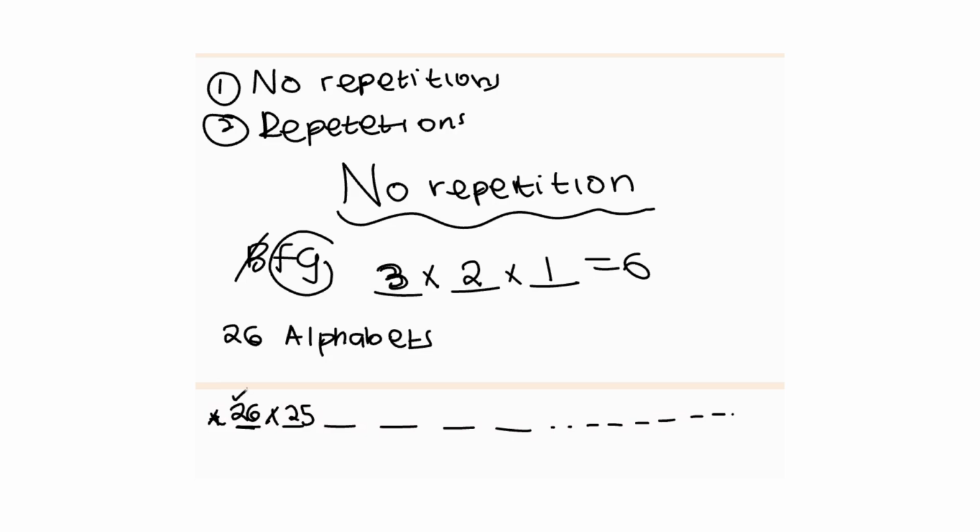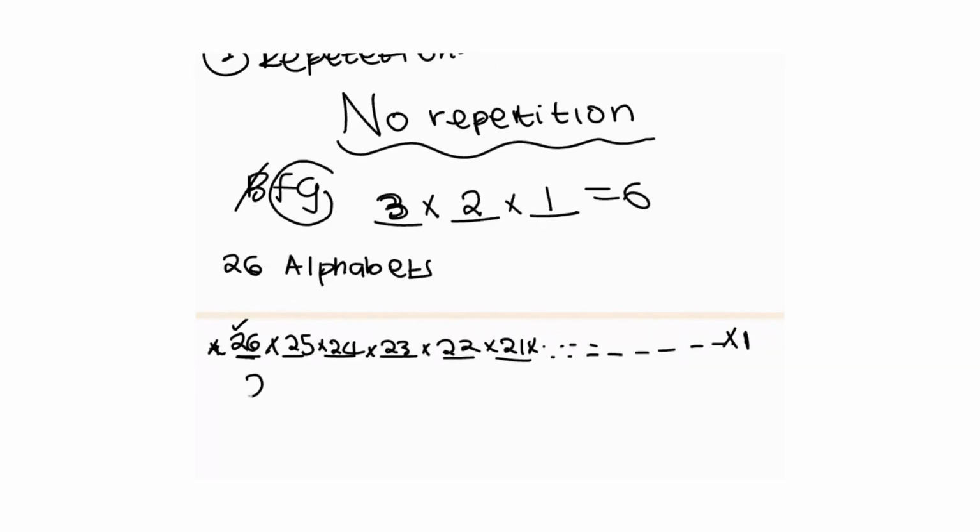The one that I chose there can no longer form part of what I have to choose from on the second position, which also applies for 23, 22, 21, and so forth, all the way to times 1. Remember, this is the same as what? 26 factorial.